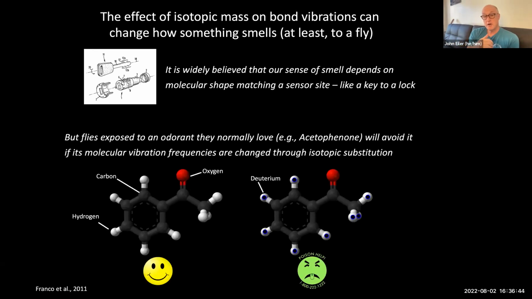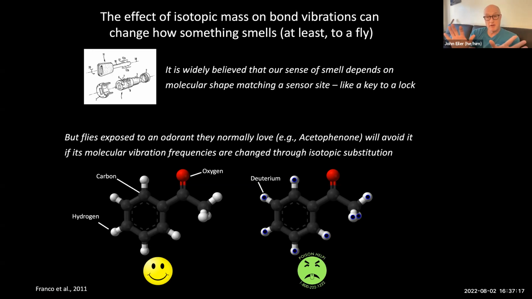But then there was an experiment done that showed smell is not just a key in a lock. The motions of the molecule, the vibrations of the molecule, also somehow contribute to smell. The way this experiment was done was to take a molecule that flies normally love. It's called acetophenone, and for whatever reason, they think it smells delicious. Then the researchers took all the hydrogen atoms off and replaced them with deuterium, the heavy isotope of hydrogen.